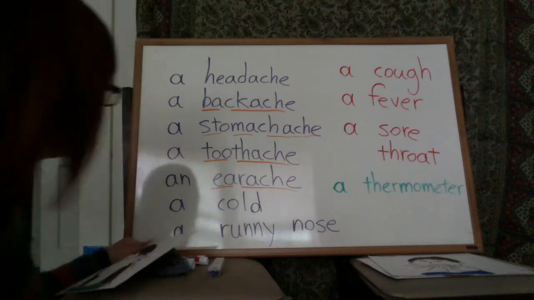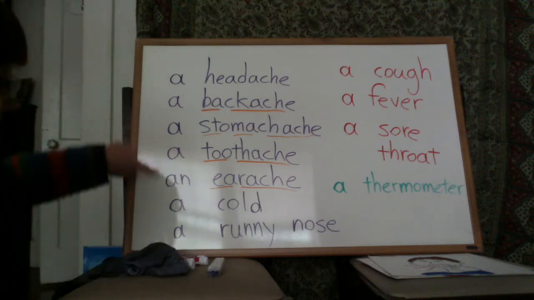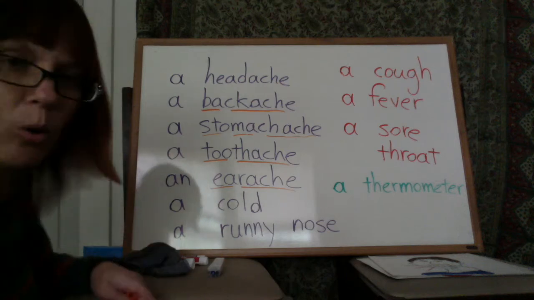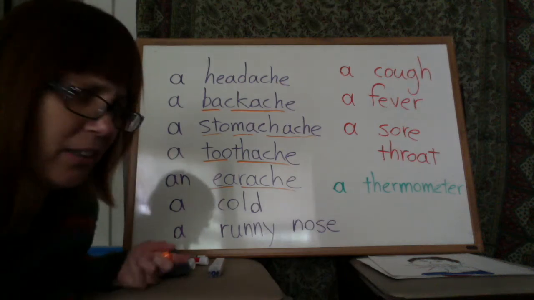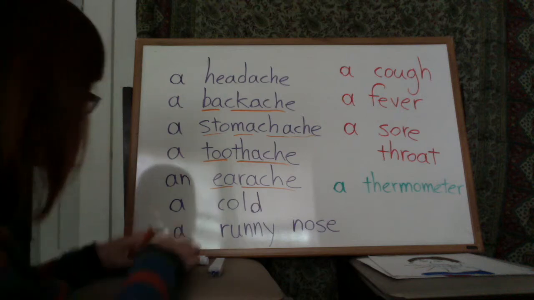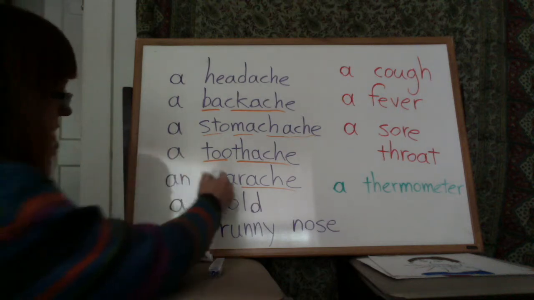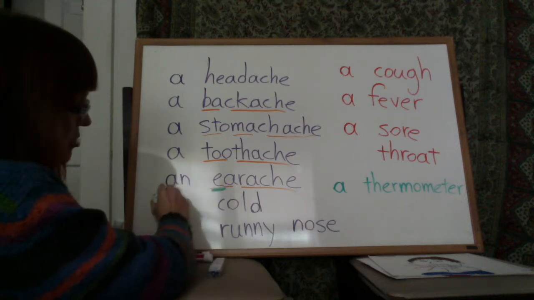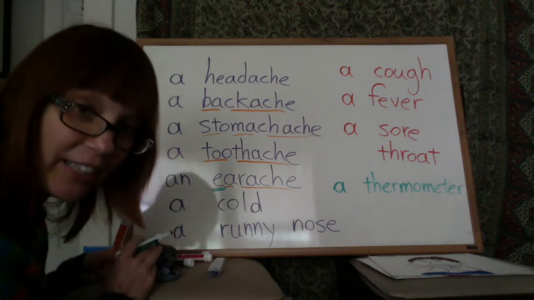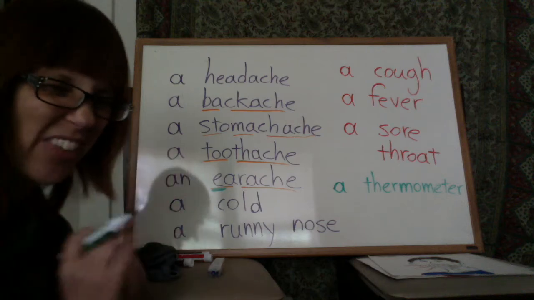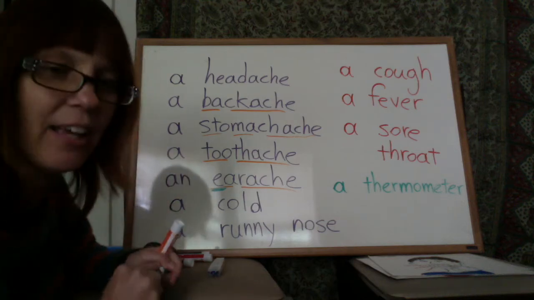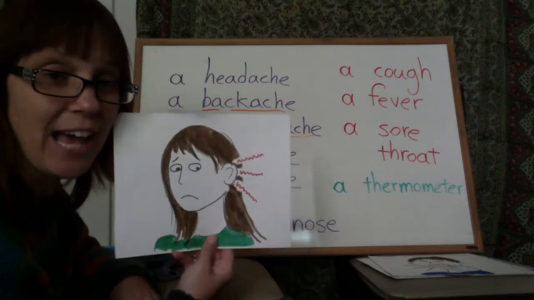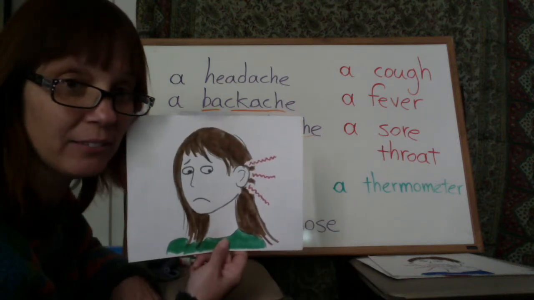And this one is an, not a. Why? It is because the first letter is E. The first letter is E, so we use an. An earache. She has an earache.